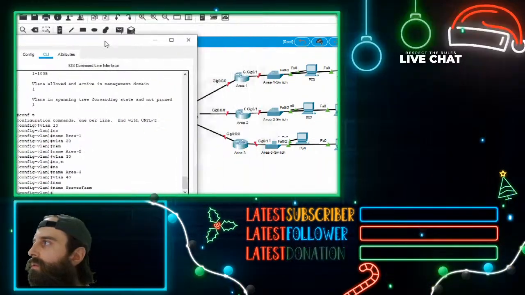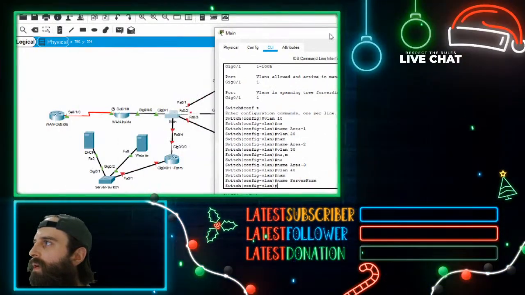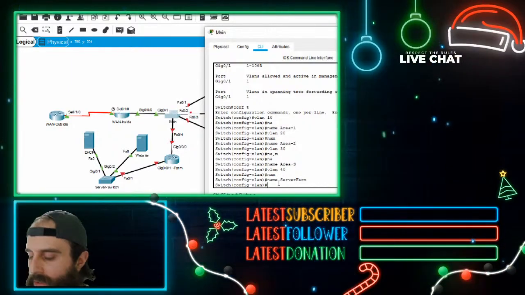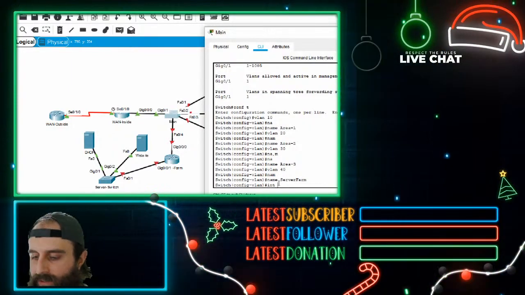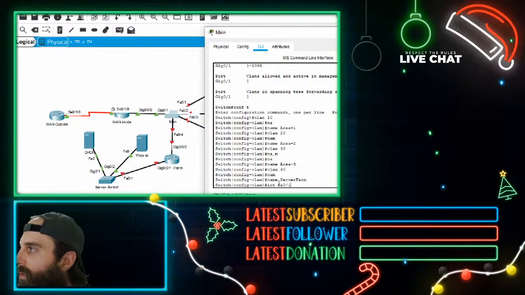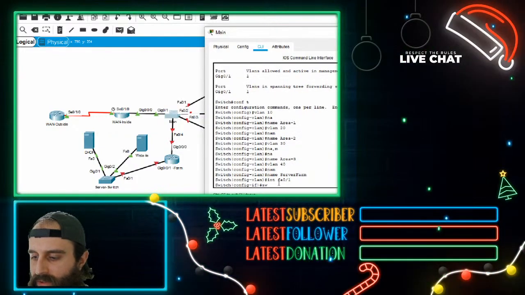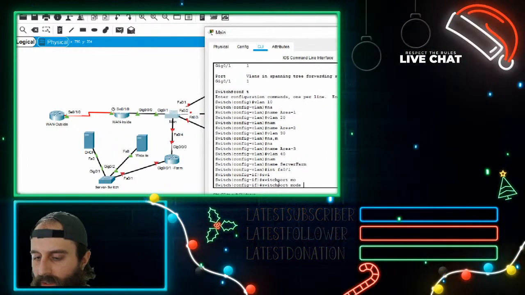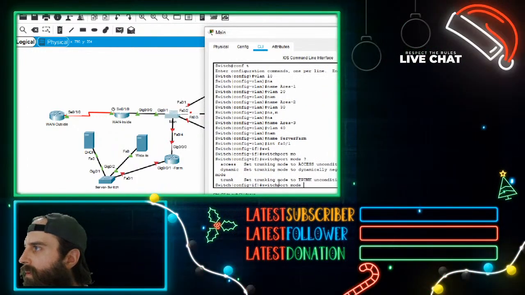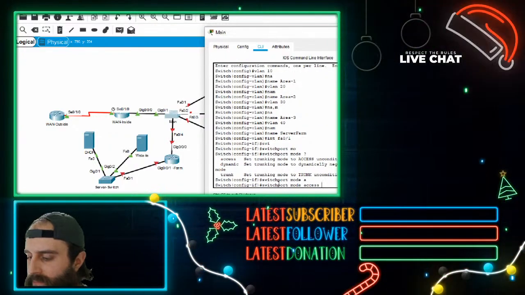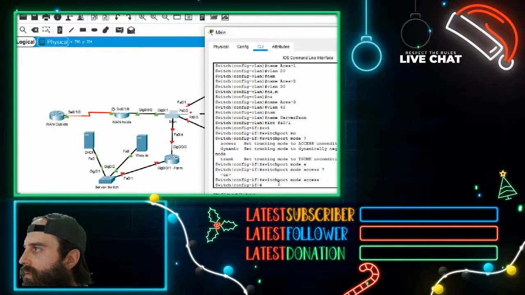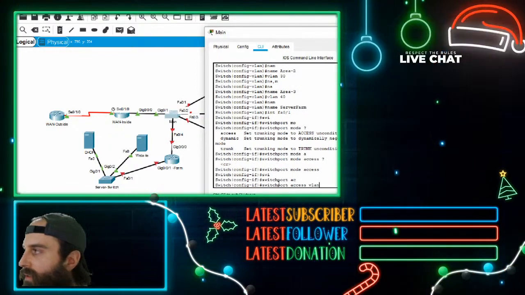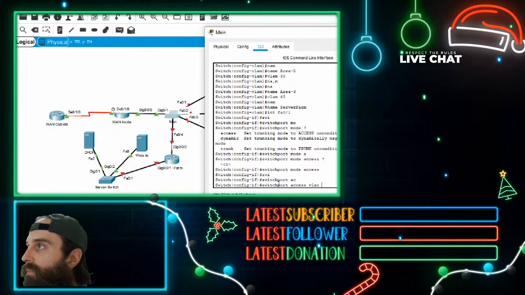So what do we got for interfaces on that? All right, stay right here. So let's go to interface fa0/1. Say switchport mode access, switchport access VLAN 10.